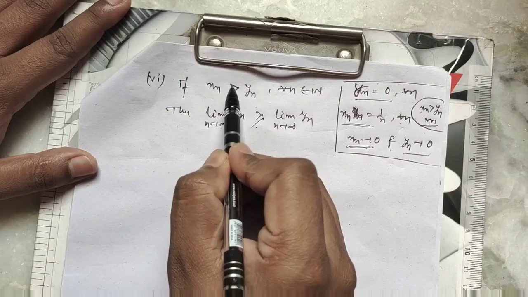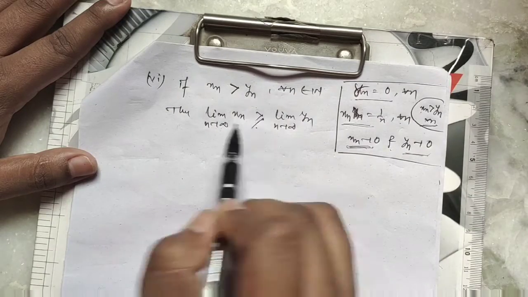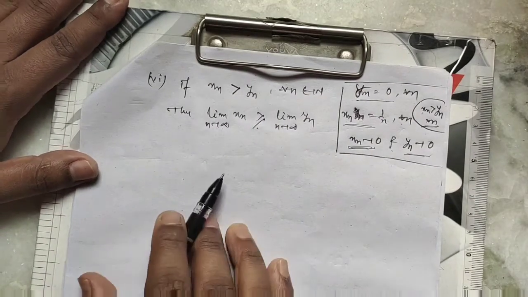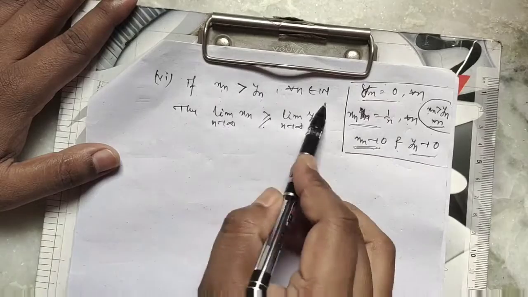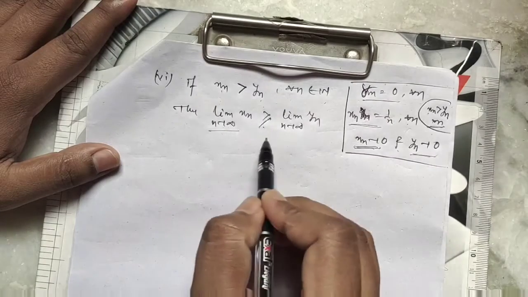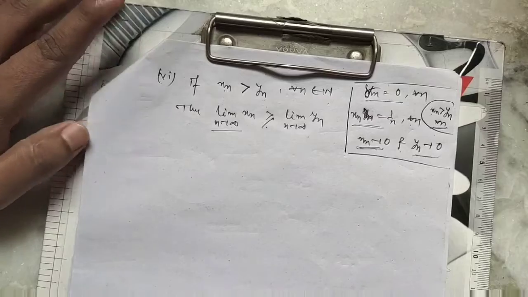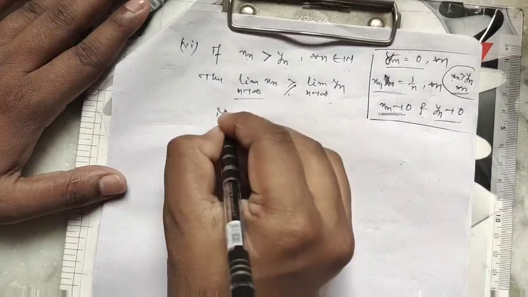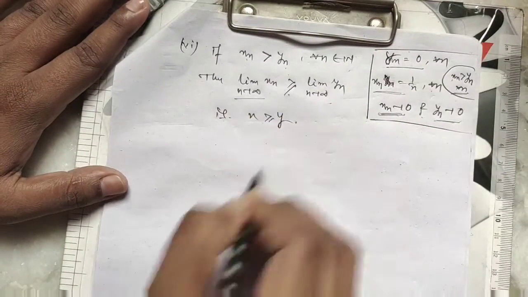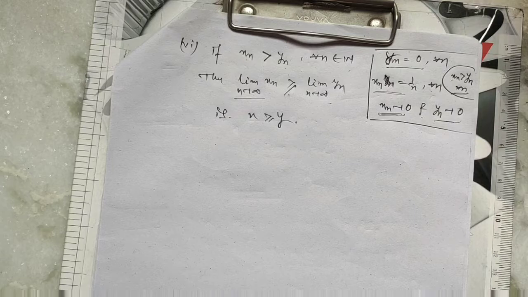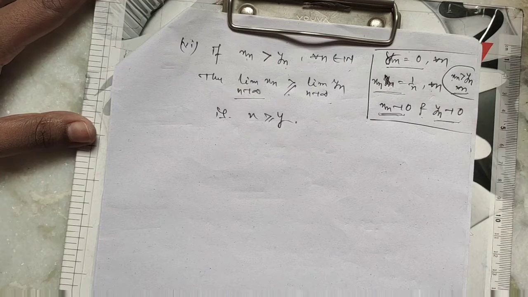So for strictly greater than, the equality may occur. So if xn is greater than yn for all n, then limit xn is greater than or equal to limit yn for n tends to infinity. Okay, that is x is greater than or equal to y. Clear? Okay.